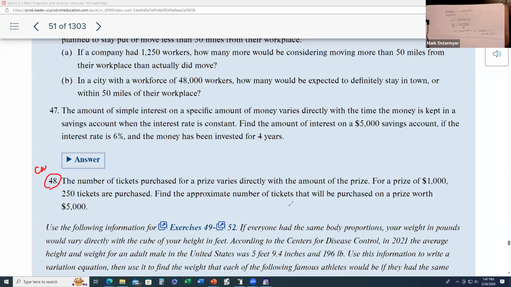The number of tickets purchased for a prize varies directly with the amount of the prize. For a prize of $1,000, 250 tickets are purchased. Find the approximate number of tickets that will be purchased on a prize worth $5,000. I want you to set up a direct variation equation, solve for k, then answer the question. Number 48, classwork.